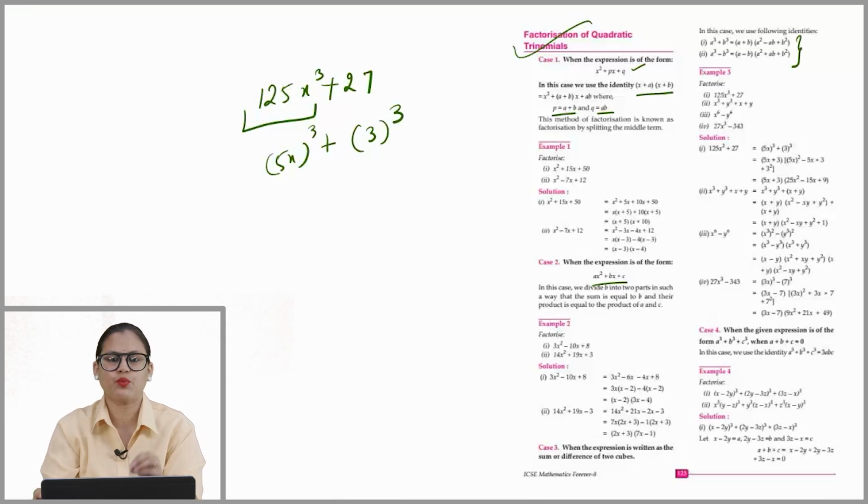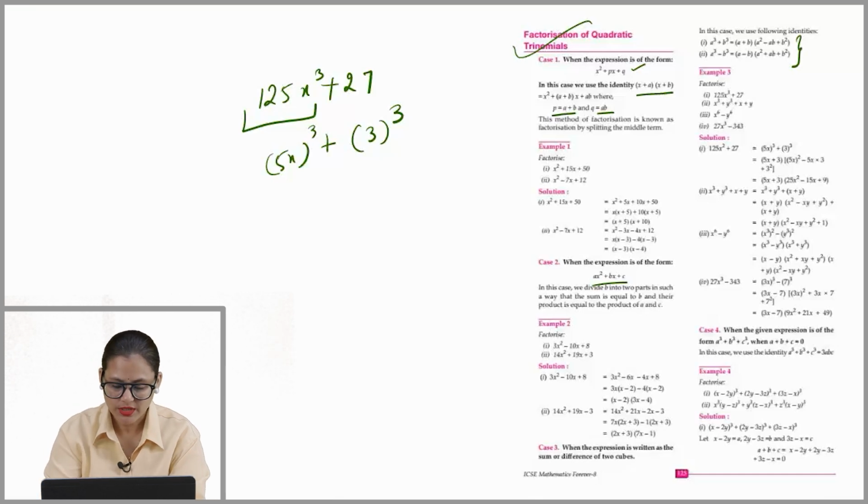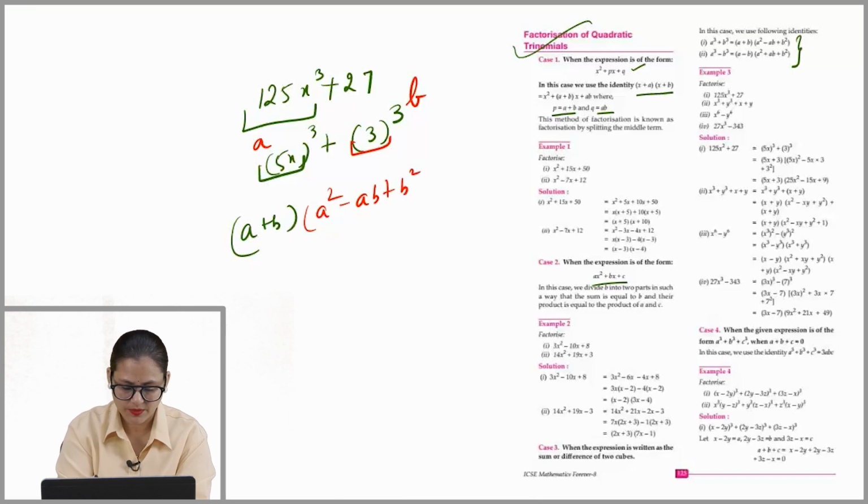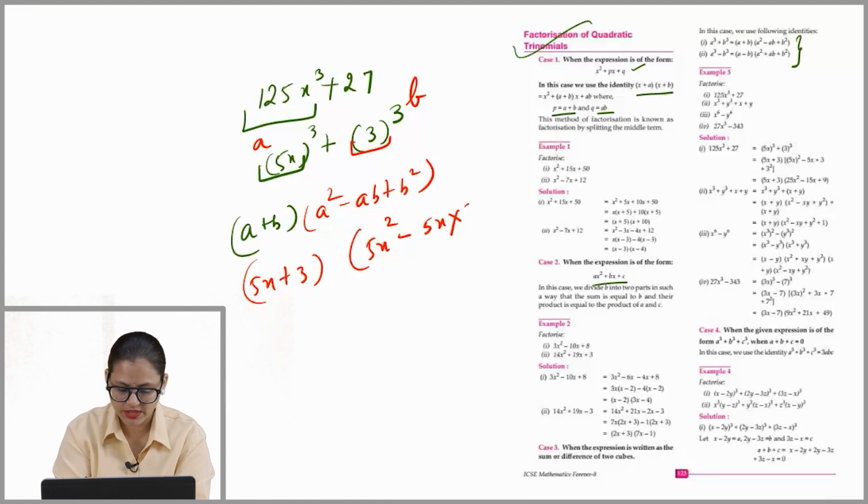Now we will expand this identity. Okay, so the formula is a plus b and then bracket a square minus ab plus b square. So according to formula, see this is a and this is b, a plus b and then bracket a square minus ab plus b square. 5x plus 3, a square is 5x square, minus a, which is 5x, into b, b is 3, plus b square means 3 square, right.